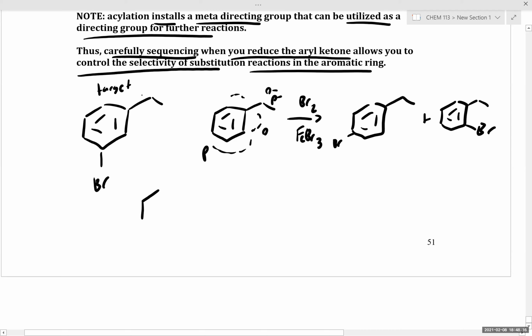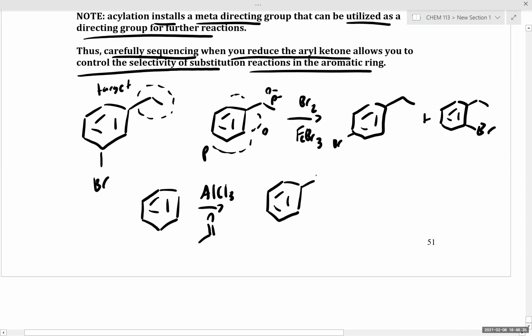However, if you think about this alkyl group in terms of synthetic equivalence, you can utilize a synthetic equivalent, the acyl ketone. The benefit of the acyl ketone is that it directs to what position? Where does this acyl ketone direct?